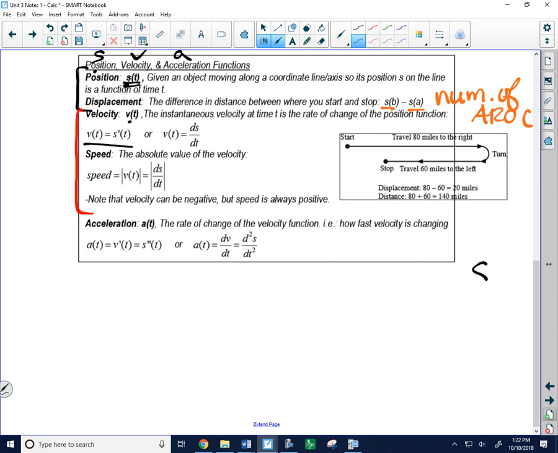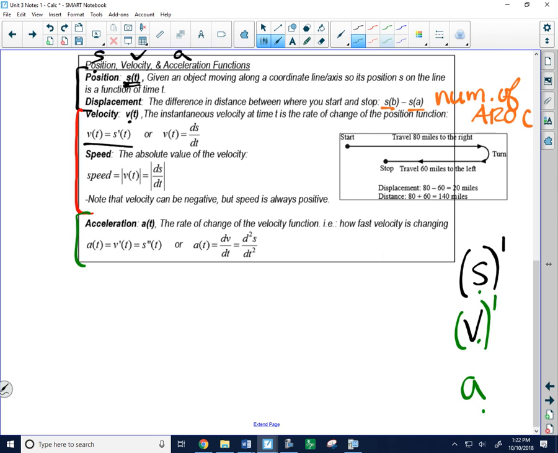So if you do a derivative of the position function, you will get the velocity function. I'm jumping ahead here, but then you do the derivative of velocity, and guess what? You get the acceleration function. That's how these three are related. So original function, first derivative is velocity, second derivative is acceleration.